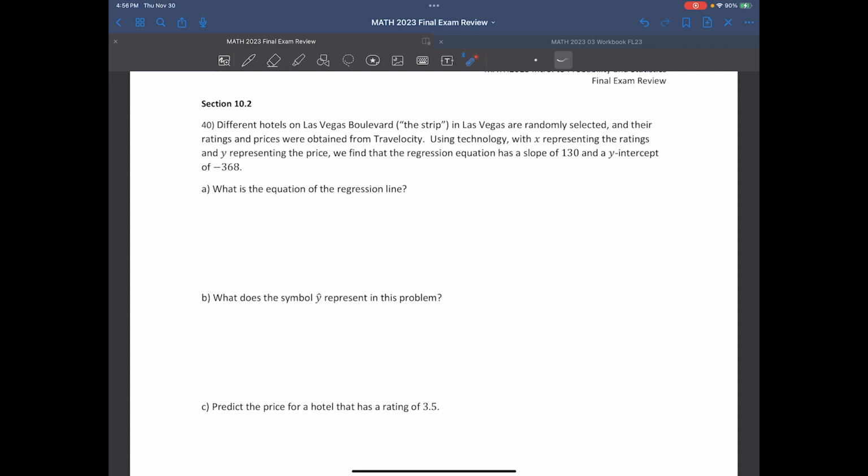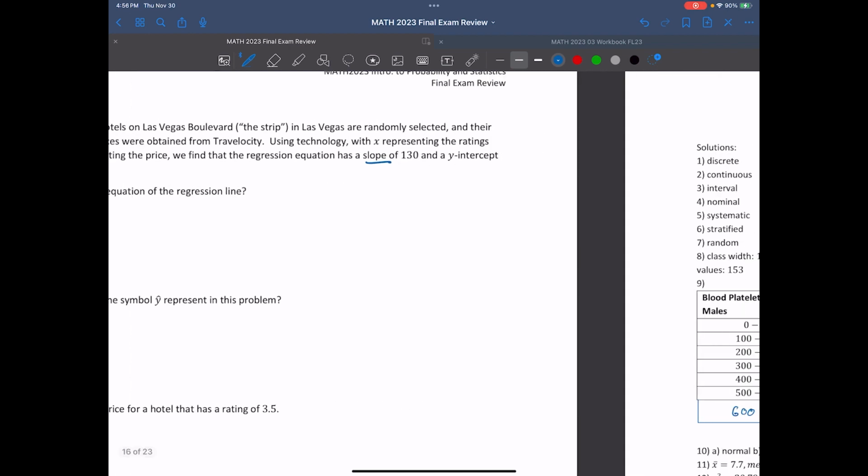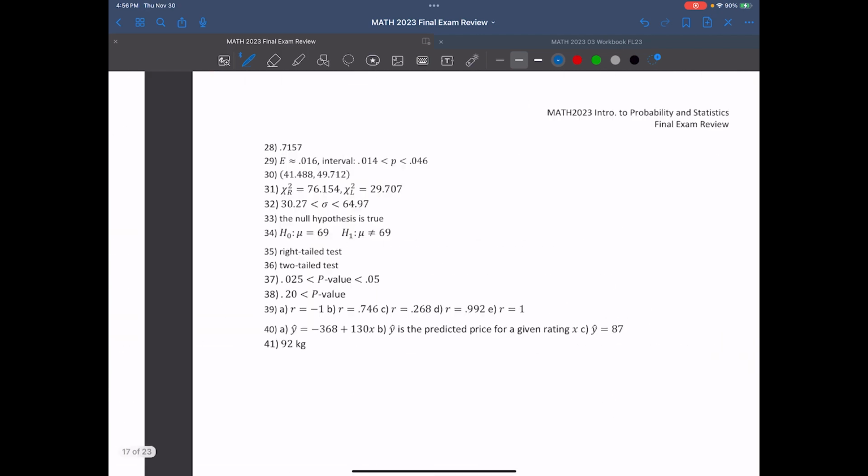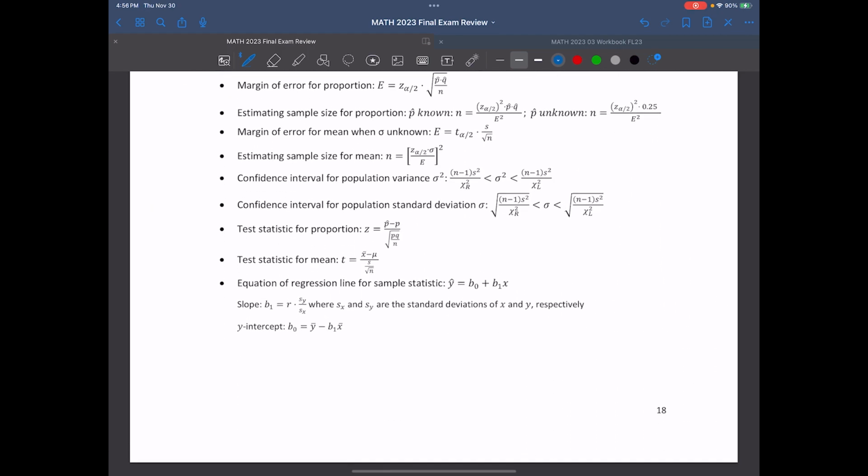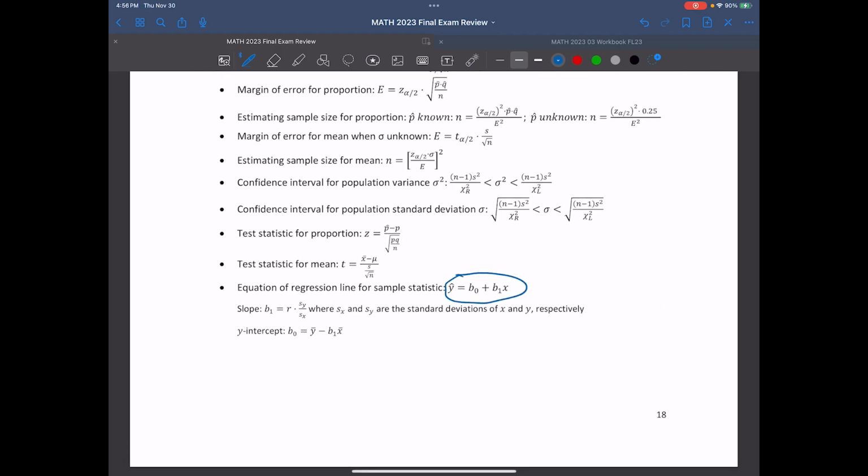Using technology, with X representing the ratings and Y representing the price, we find the regression equation has this slope, and a y-intercept of negative 368. We have the regression formula given to us right here. Notice that B1 is the slope and B sub 0 is the y-intercept. The slope is always multiplied by the value of x.